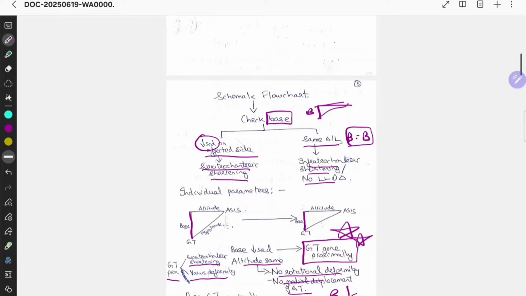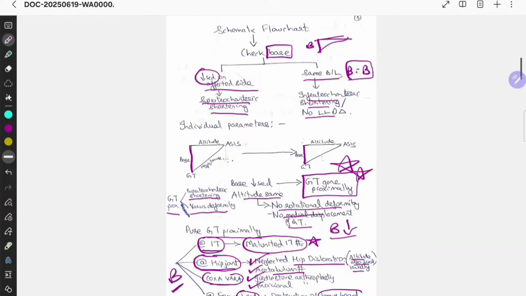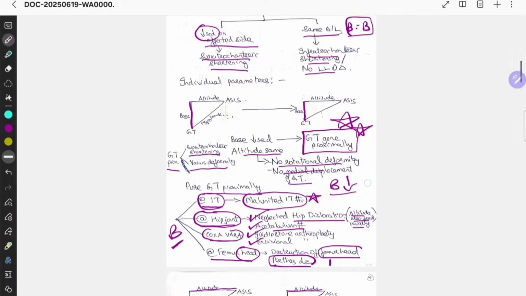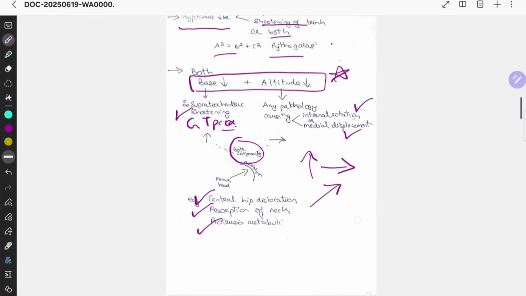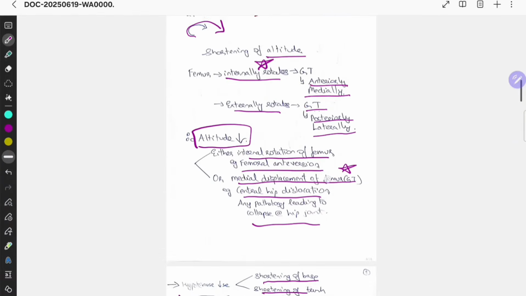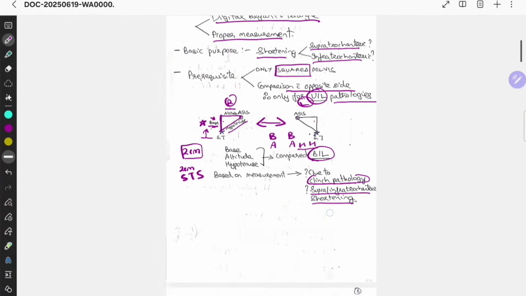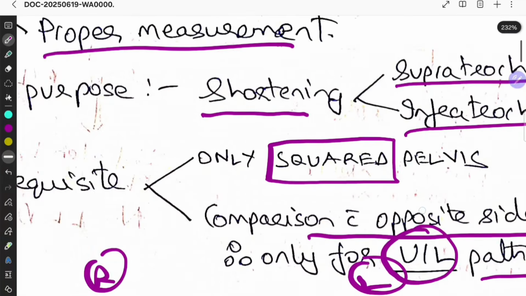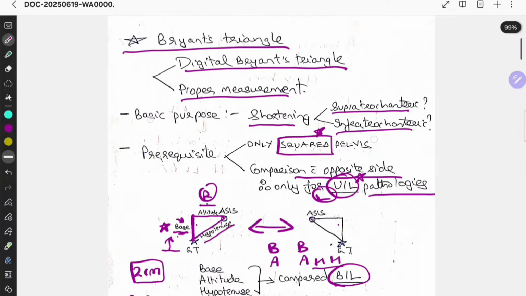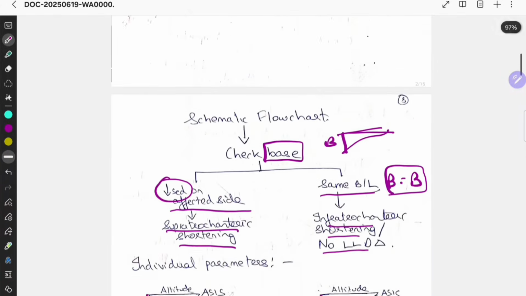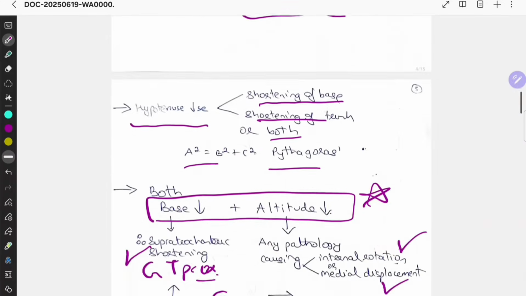Base is based on the GT going proximally, and the altitude is based on the axial deformity of the femur. Okay, so that was the concept. And we only do it where we are able to square the pelvis, and only in unilateral pathologies of the hip. Okay, so this is the basic crux, the concept of Bryant's triangle.